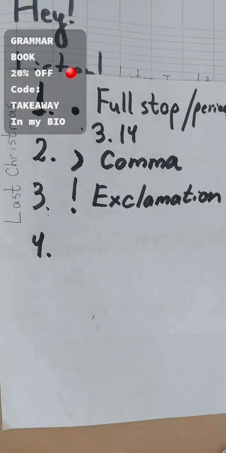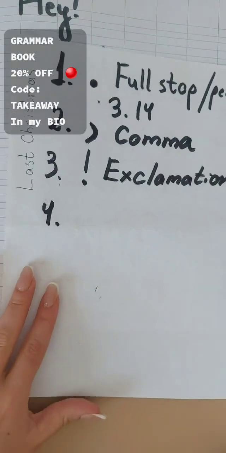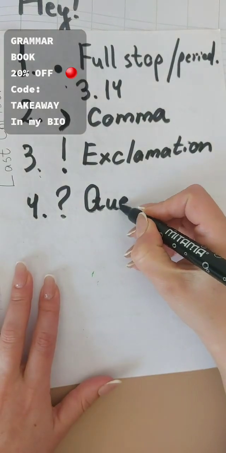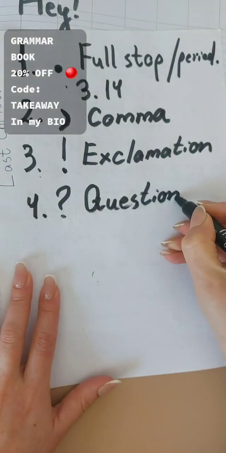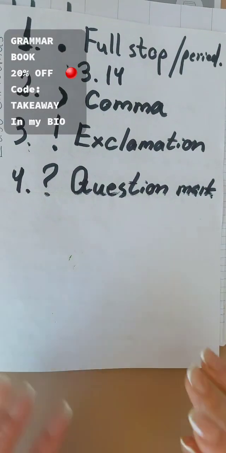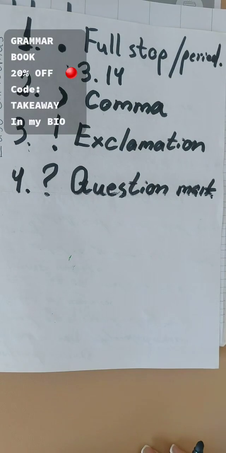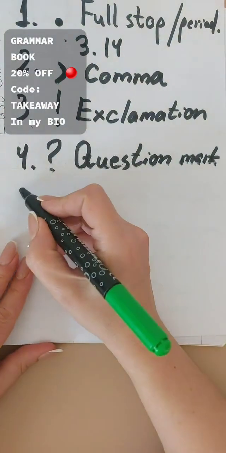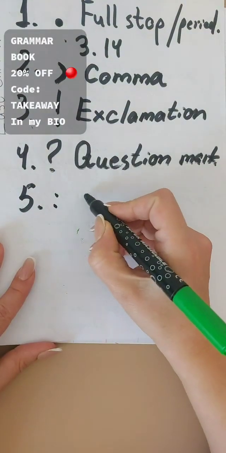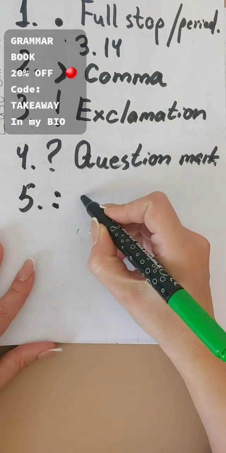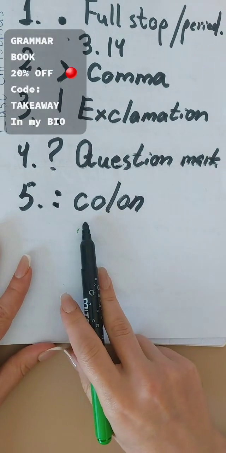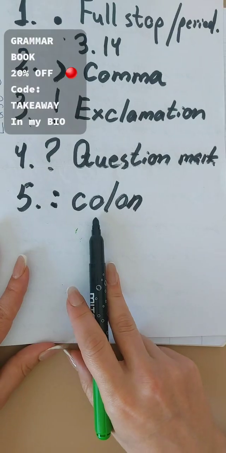Exclamation mark. Then we have question mark. Number 5, colon. Introduces a list or example, right?